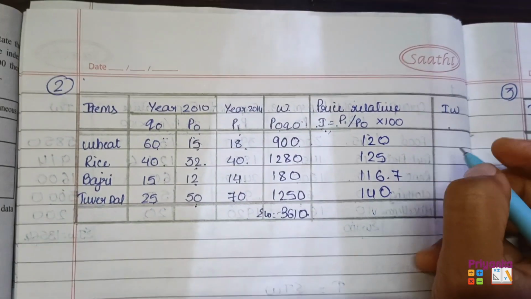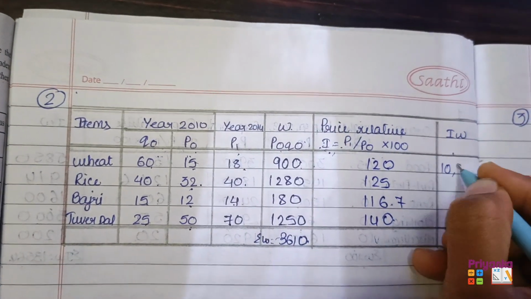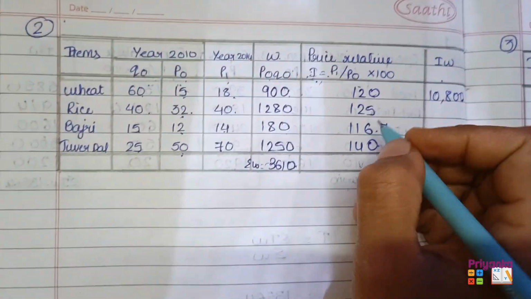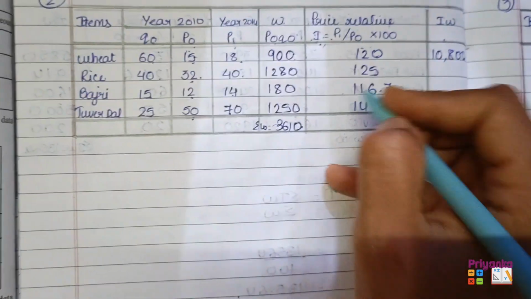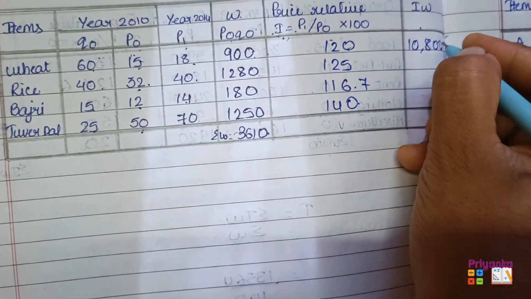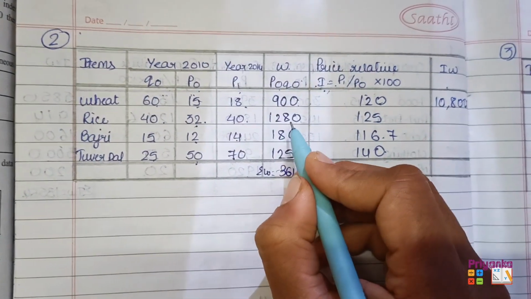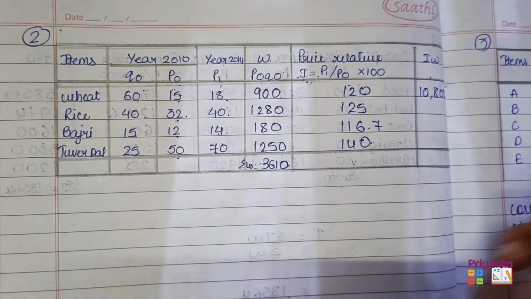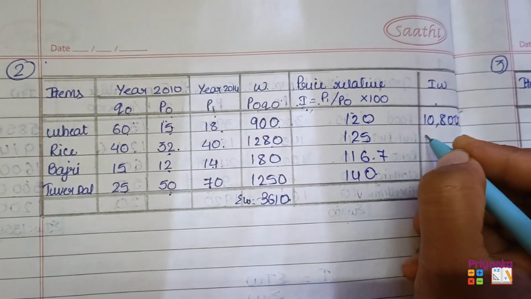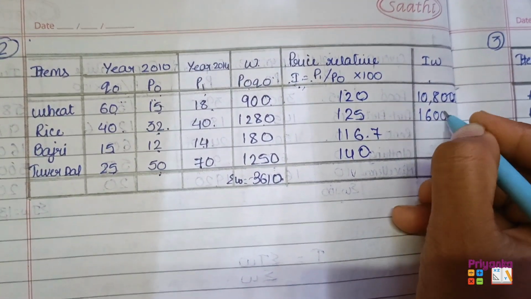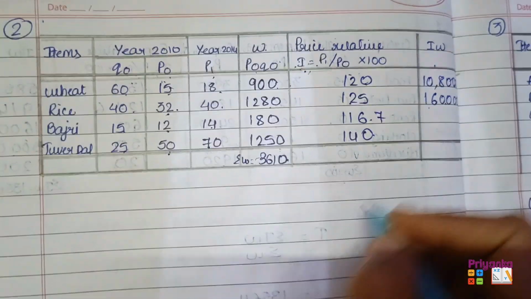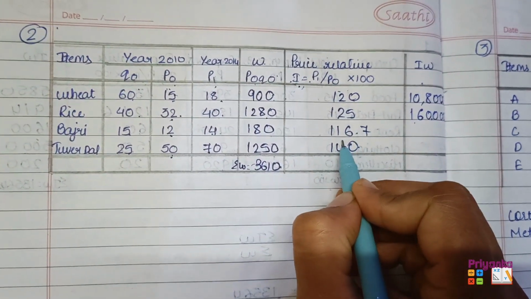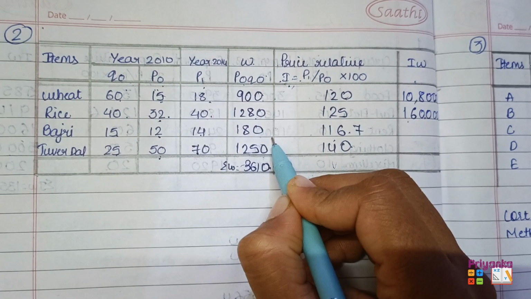We get one more zero. Okay. Next, 1280 multiplied by 125. Next, 116.7 multiplied by 180.